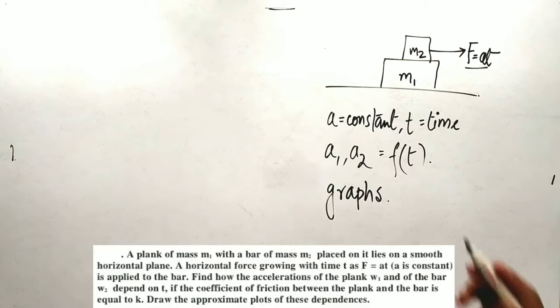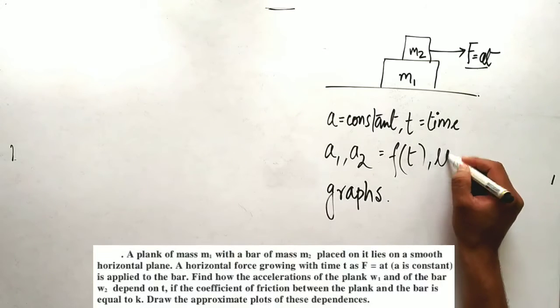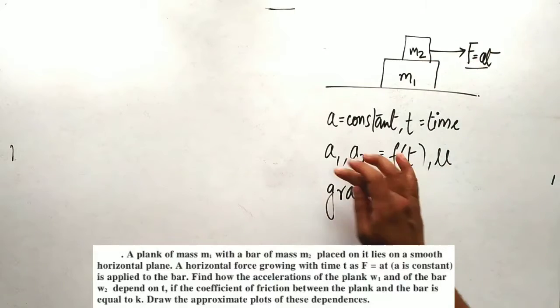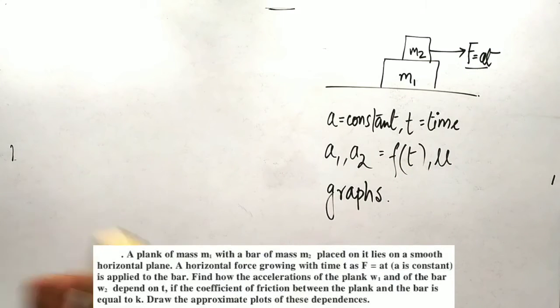The coefficient of friction is given as mu. So we'll find the accelerations and we'll plot the graphs.